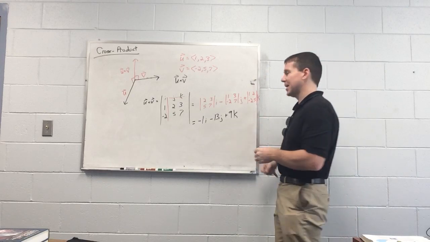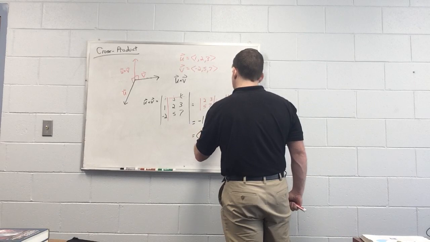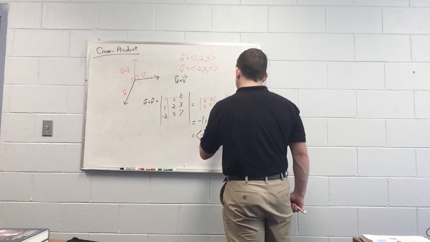That's my cross product, which of course, if I want, I can then write as -1, -13, 9.